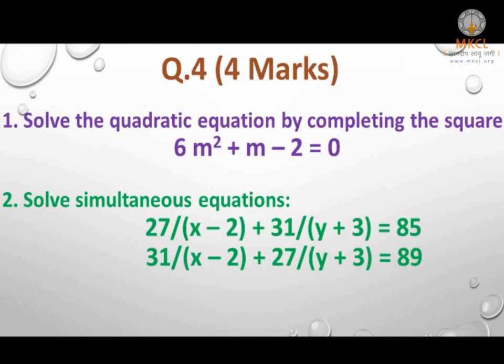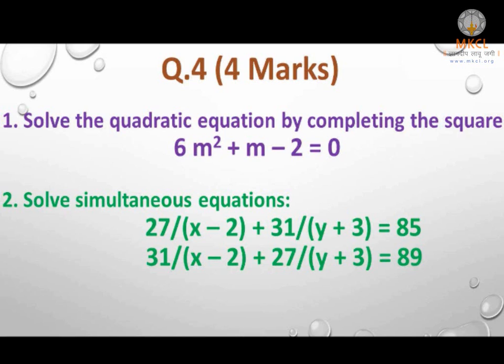Now here, first we will have to take the given constant, minus 2, to the right hand side so that the equation becomes 6m square plus m is equal to 2. Now we have to find a constant term for the left hand side so that it becomes a complete square.